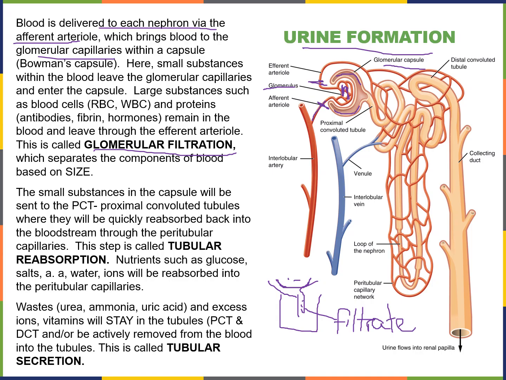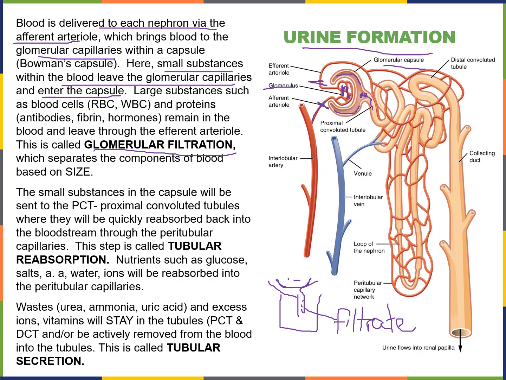So the filtration that occurs in the glomerulus is based on size of particles, size of molecules. So here, small substances within the blood leave the glomerular capillaries and enter the capsule. So we're going to get some filtrate collecting down here and going in this way.